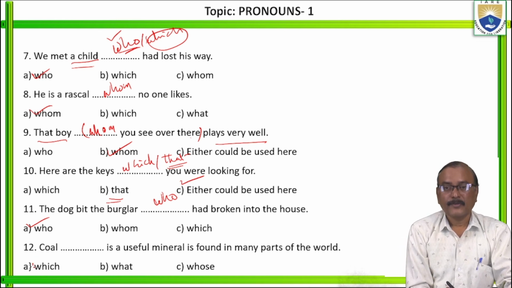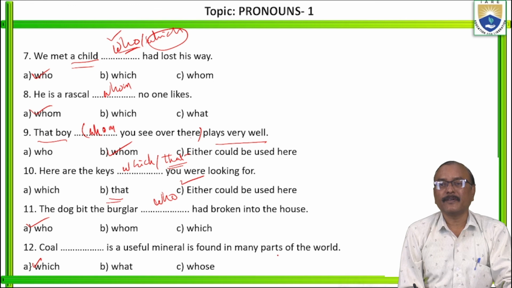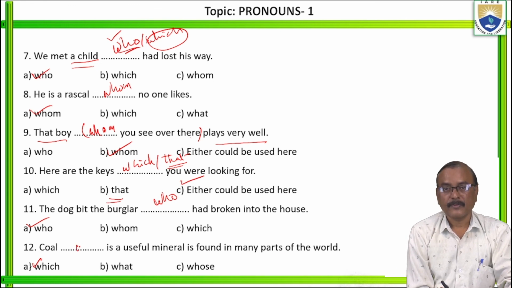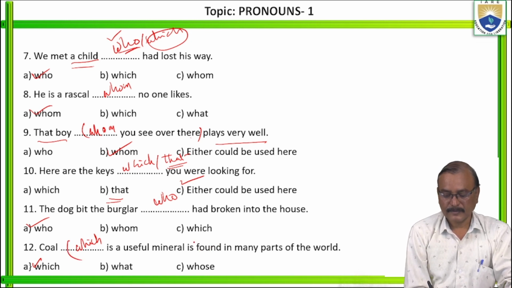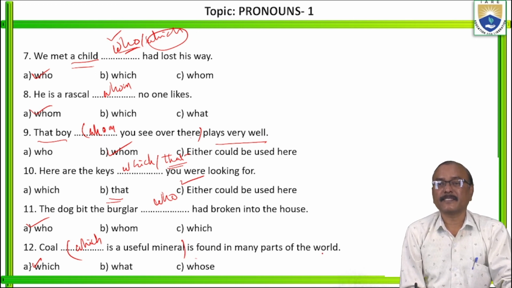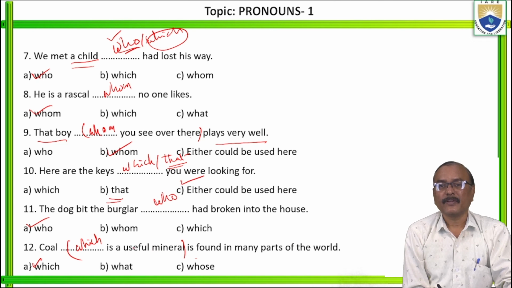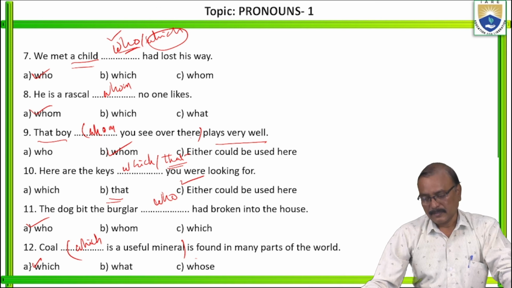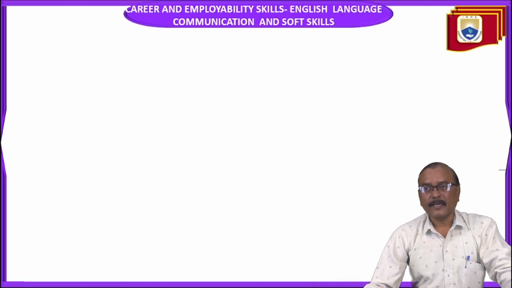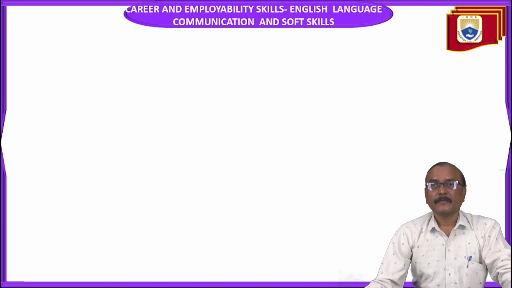Coal, which is a useful mineral, is found in many parts of the world. Actually, you see here, coal is found in many parts of the world. This is the actual sentence. Coal is found in many parts of the world. Right? Which coal? Which is a useful mineral. Right? Next. Now here with this, we can end pronouns part 1.